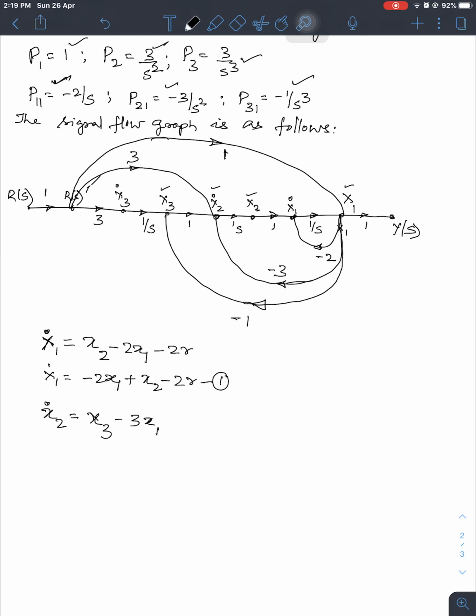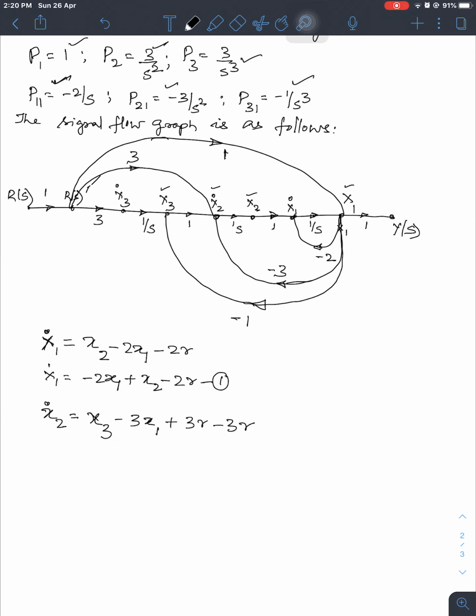Those are the two signals we have, and plus 3 times r and minus 3 times r.